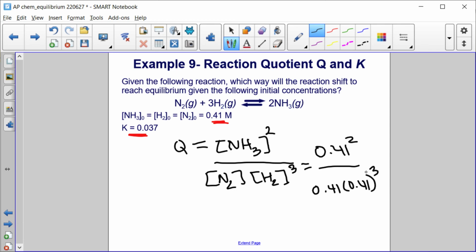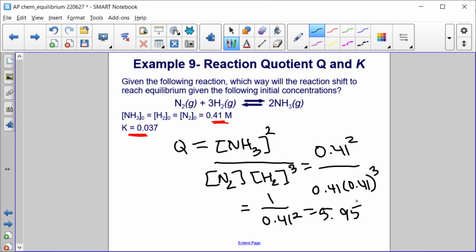All right, so mathematically, this is 1 over 0.41 squared, just for ease of calculation on my part, but you don't have to do that if you don't want to. You can plug this in just as it is. So when I get that, I get 5.95.